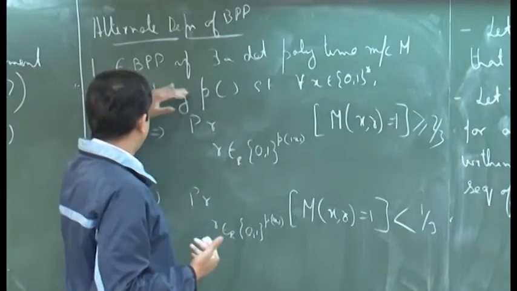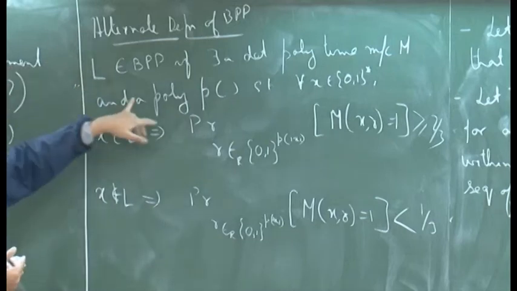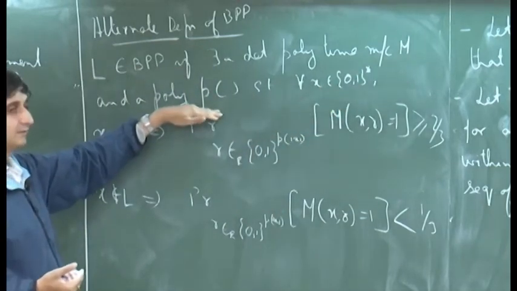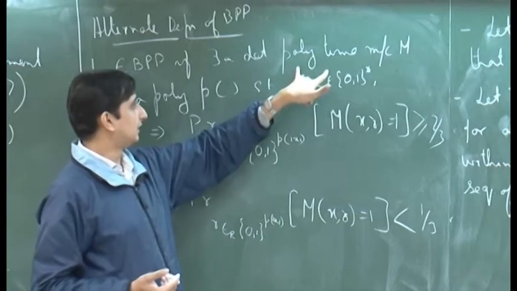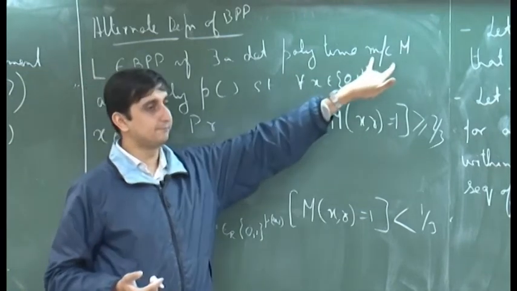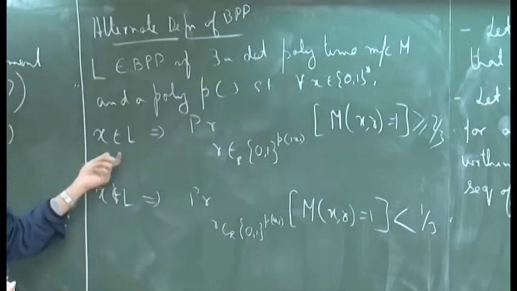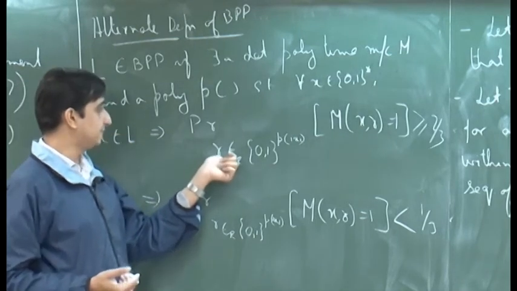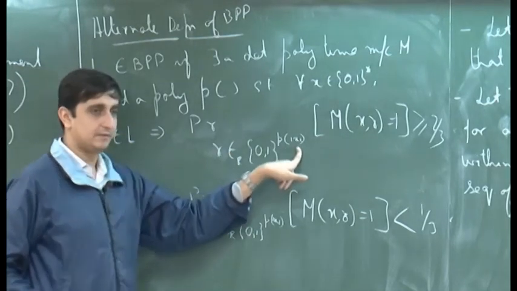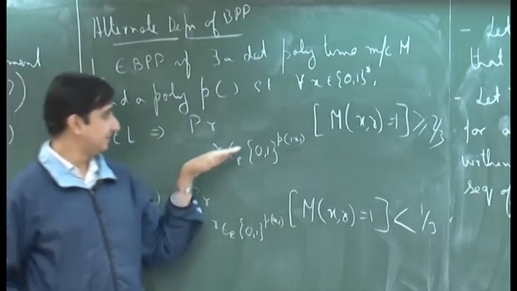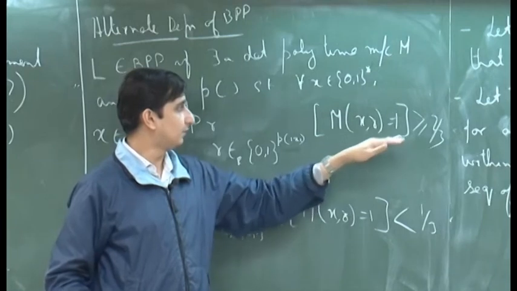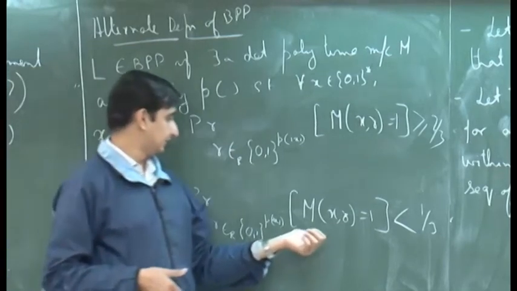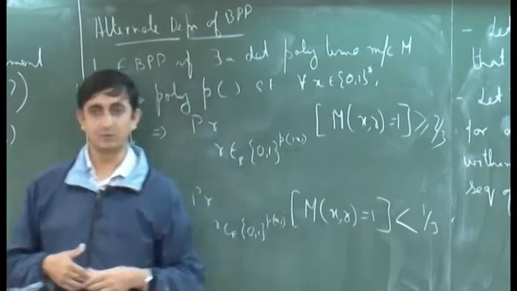So, we can define BPP in this way also: there is a polynomial time deterministic Turing machine M and some polynomial P. You can think of this polynomial as corresponding to the running time of this machine. Now if you take a string x, and x is in L, and you pick any random string of length p of x, then the probability that M given x and R will accept is greater than 2/3, and if x does not belong to L, then the probability that M given x and R will accept is less than 1/3.